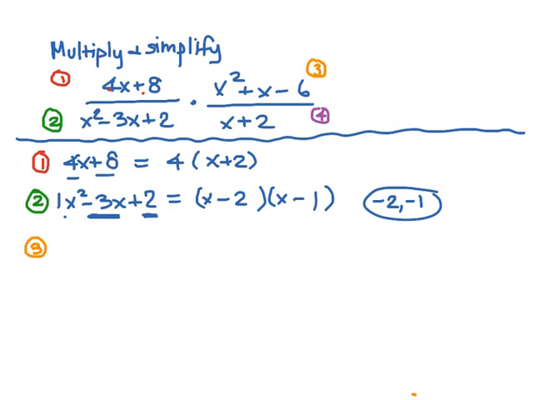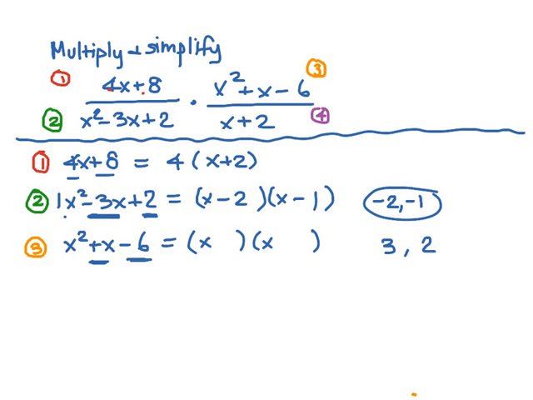Let's work the third one. Again, it looks like we have a quadratic with a leading coefficient of 1, right? x squared plus x minus 6. Now I'm going to look for factors of negative 6 that add up to positive 1. So I know 3 times 2 gives me 6, right?